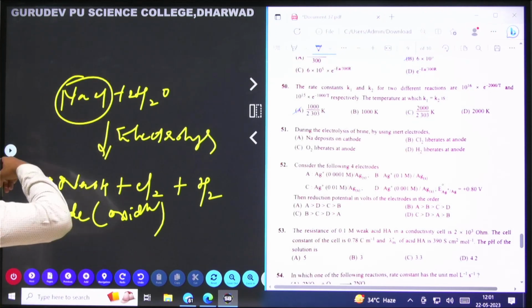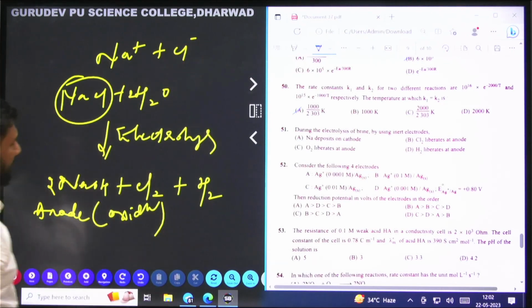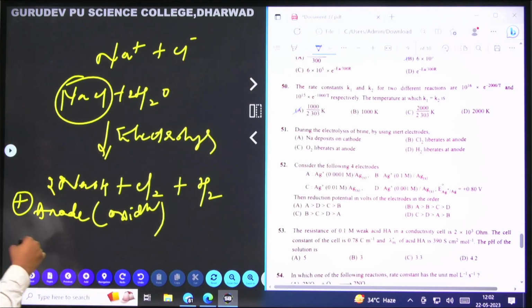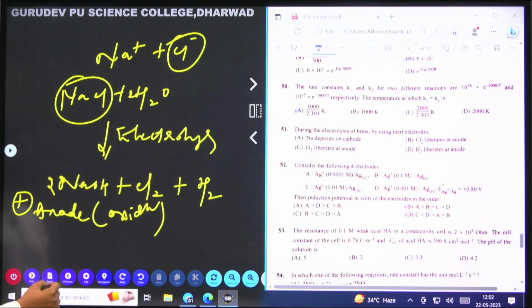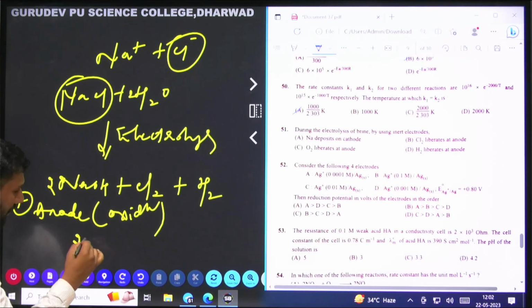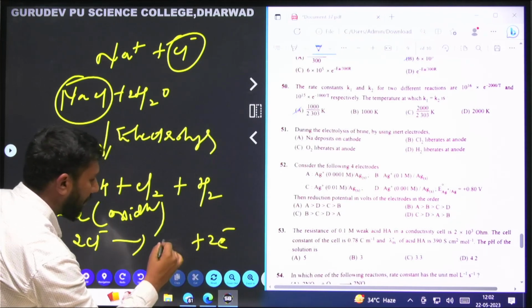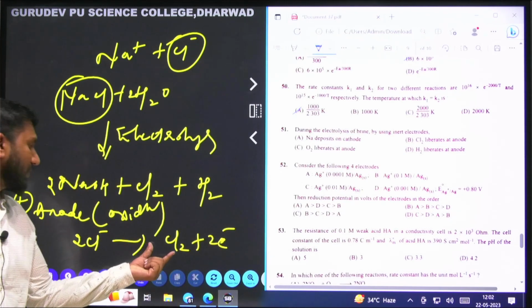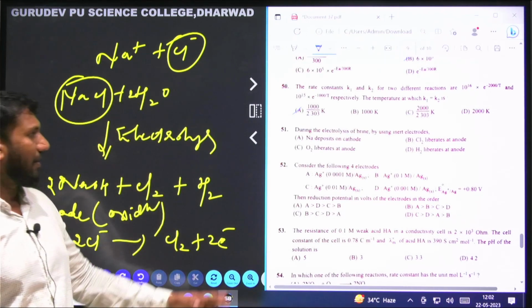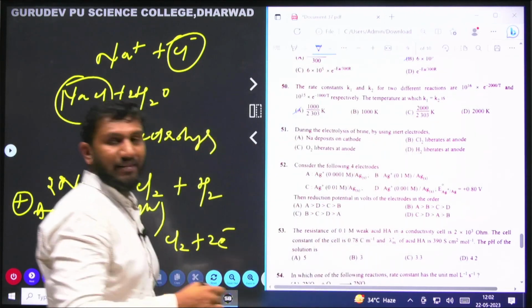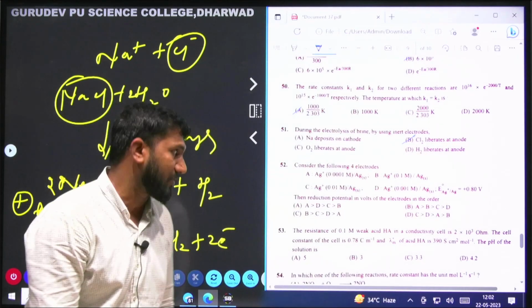Sodium chloride, when dissolved in water, ionizes into Na plus and Cl minus ions. The anode carries a positive charge, that's why chloride ions will move towards the anode. At the anode oxidation takes place, so 2Cl minus loses electrons to become Cl2. So the gas liberated at the anode is Cl2. In the same way, hydrogen gas will liberate at the cathode. So chlorine liberating at the anode is the correct option.